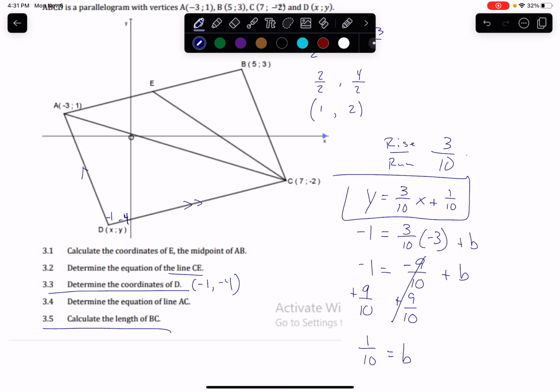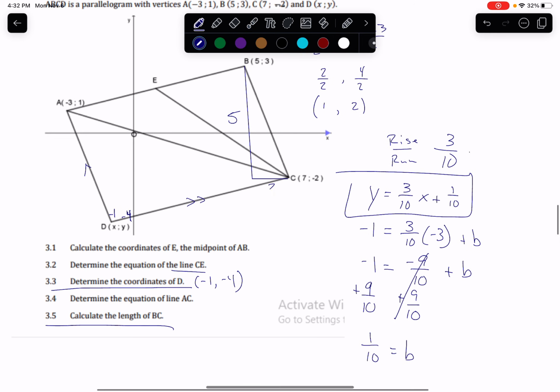If I were to make a right triangle out of this, went straight down, and then straight over, I would have had to have gone from 3 down to -2. So that side length there would be 5. And then I would have had to go from 5 on the x-axis all the way to 7. So that's a size of 2.